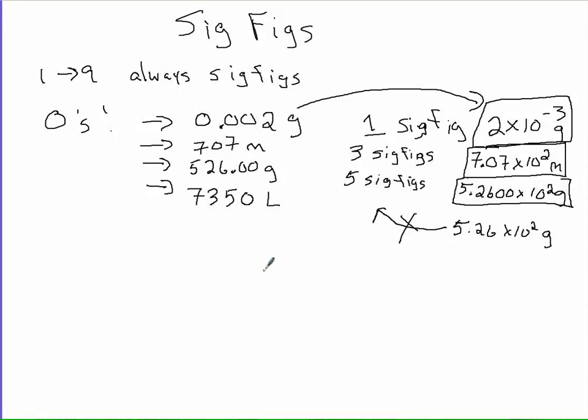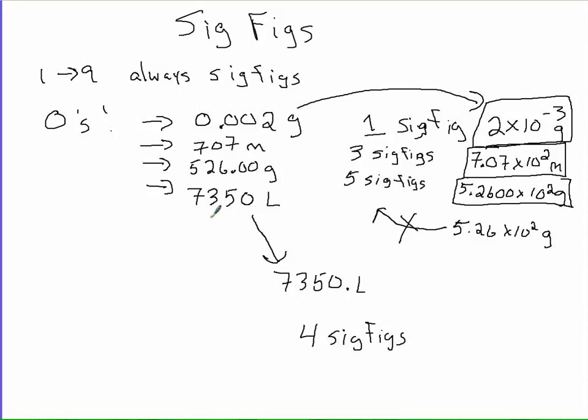Now, in 7,350 liters, if we wanted that zero to be significant, then what we would do is express that number as 7,350 with a decimal point after the 0. So that clearly has 4 sig figs, right?